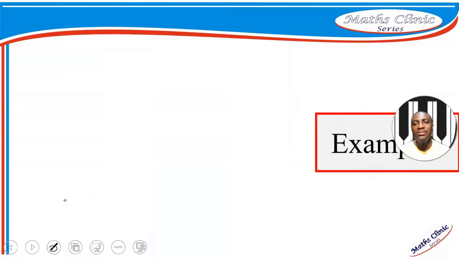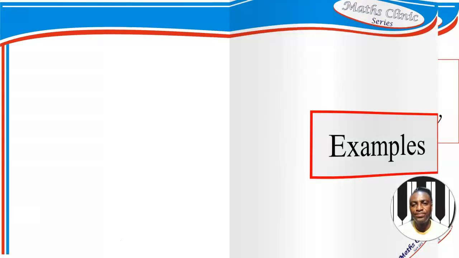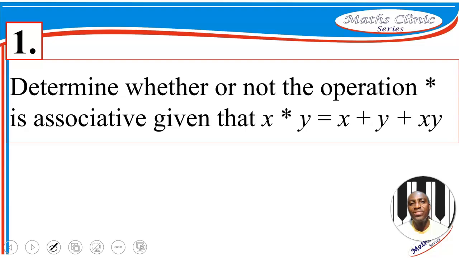Right. Now let's look at this in the context of solving questions. Let's say I give you a question like this: determine whether or not the operation star here is associative, given that x star y is equal to x plus y plus xy.